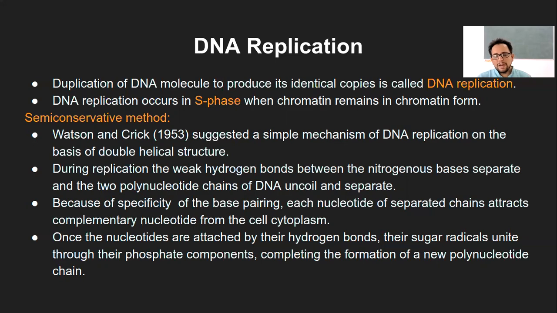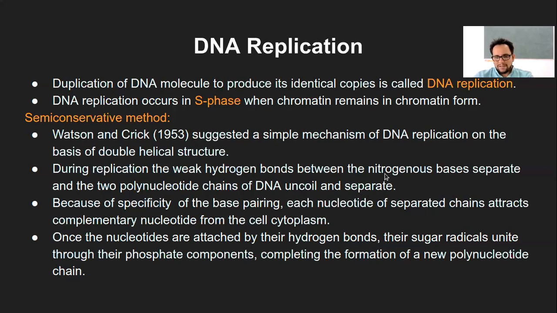Once the nucleotides are attached by their hydrogen bonds, their sugar radicals will unite through phosphate bonds, completing the formation of the new polynucleotide chain. That was the mechanism explained in brief by Watson and Crick while they also designed the double helical structure of the DNA.